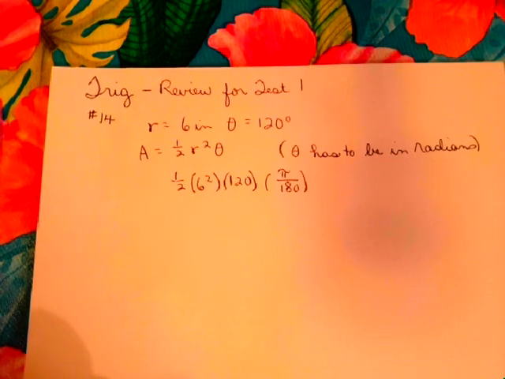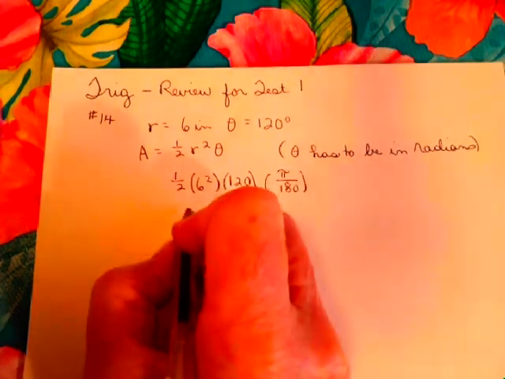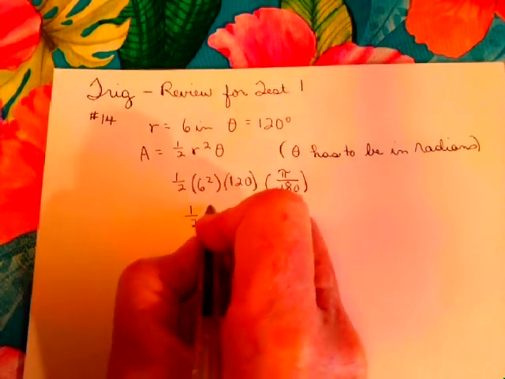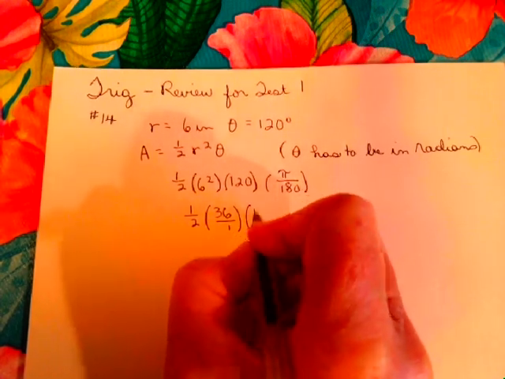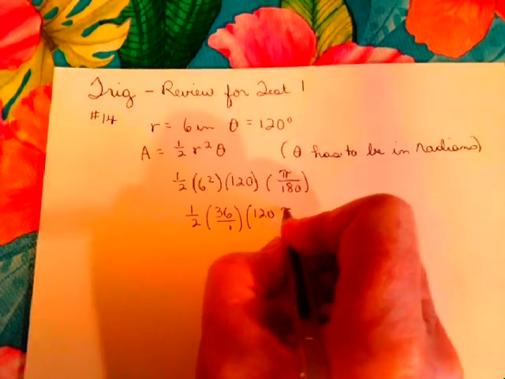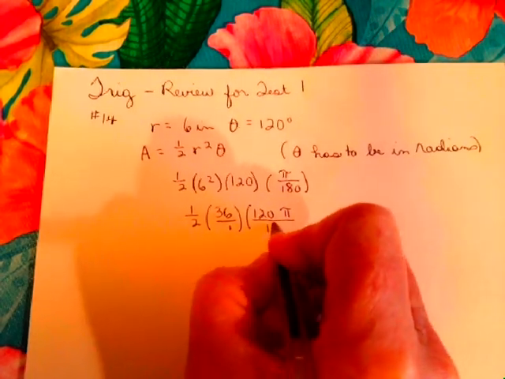They want this answer in 2 decimal places. So this is 1/2 times 36 over 1 times 120 pi over 180.